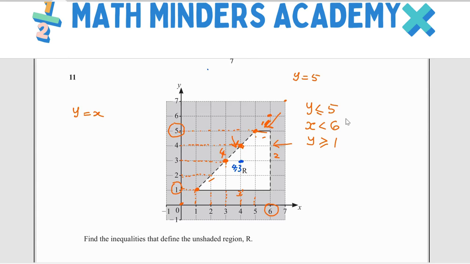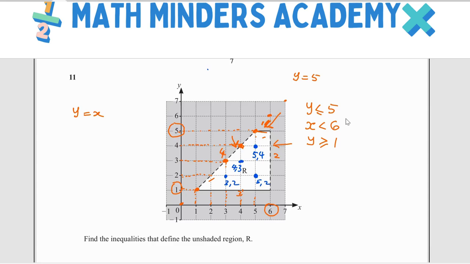Pick another point inside here, below that line but inside this region. This is a point where S is 5, Y is 4. Let's come down. Pick this point here, where S is 5, Y is 2. If you come down here, pick another point, where S is 3, Y is 2.